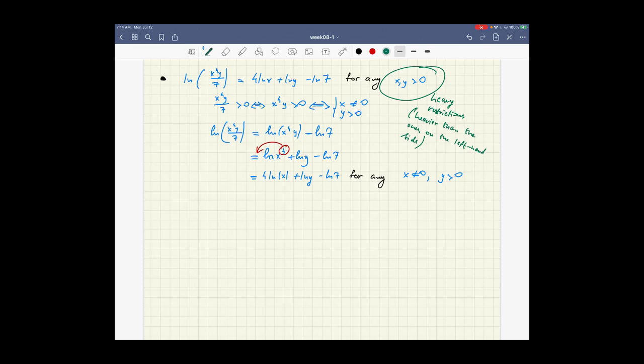So again, it's important to keep track of your restrictions. You need to know when your expressions make sense. In the second example, we need to expand ln of x squared times y cubed over z to the power 4.